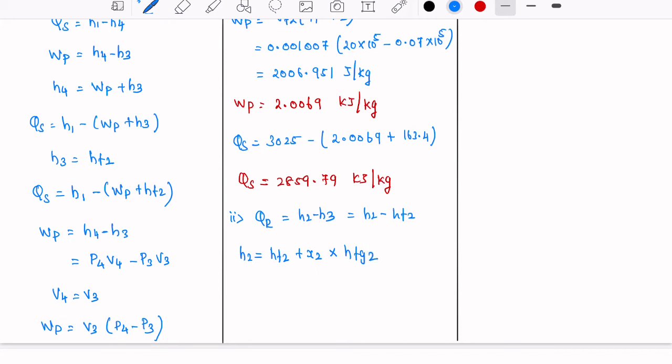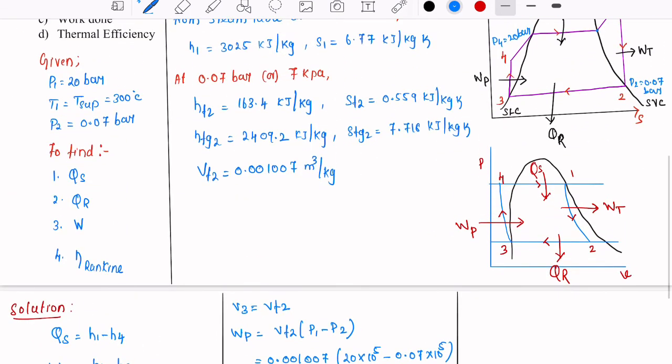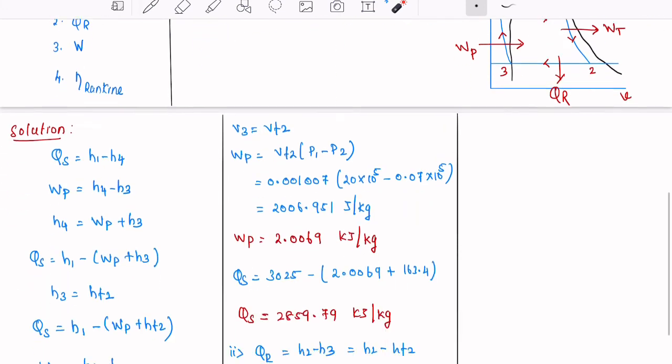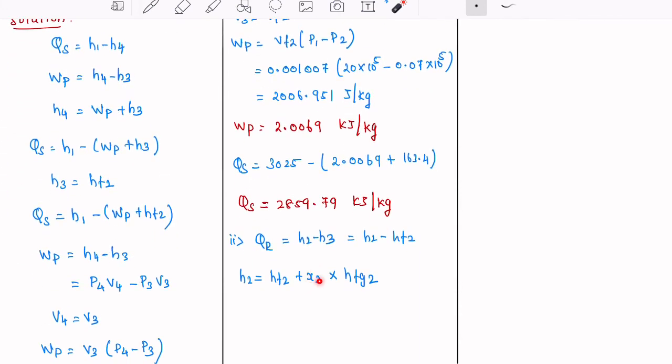We have the values of HF2 and HFG2 from the steam table, but the value of X2 is unknown. This value of X2 can be found out by solving the entropy equation. We know that due to the isentropic expansion process, S1 is equal to S2.